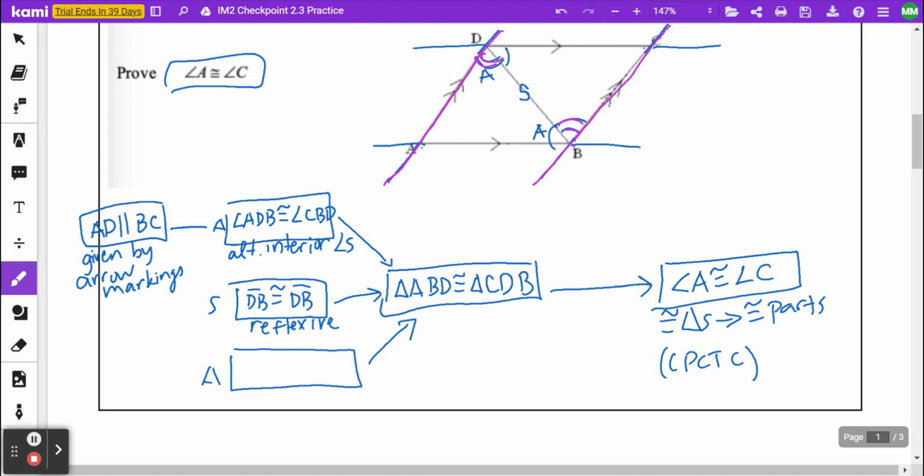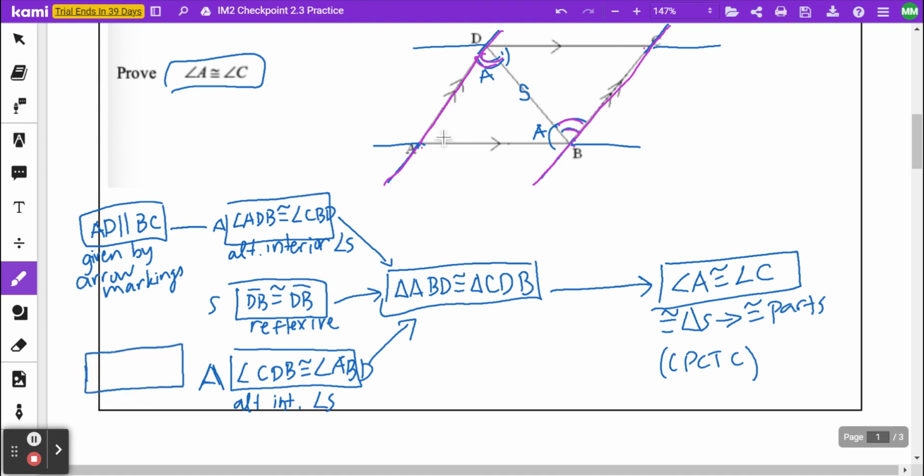Okay, last angle pair, I'm going to do angle CDB is congruent to angle ABD. And that is also by alternate interior angles. And since I'm using alternate interior angles, I have to make a statement about parallel lines.